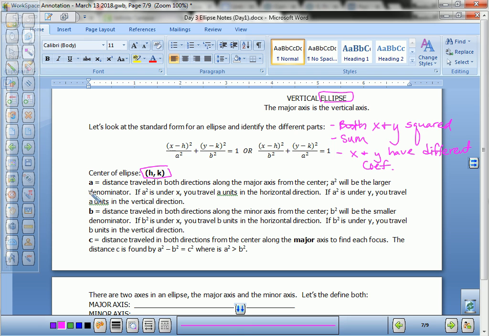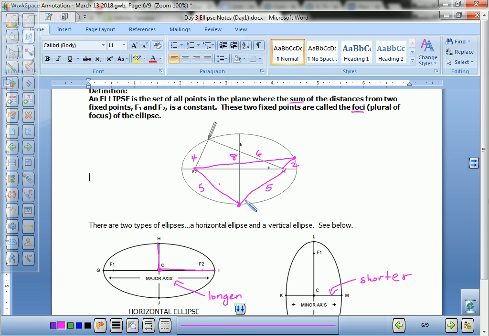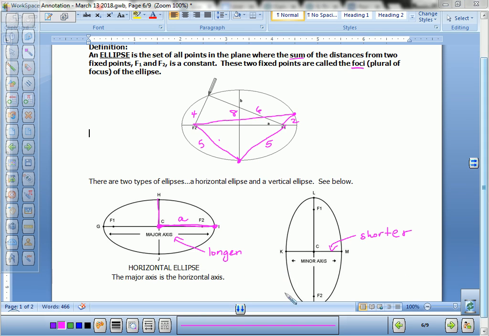Now we define A as the distance from the center down the major axis to the end point. And I'll show you what that looks like in a second. So if we have this, this would be our A, the distance from the center to one of the endpoints of the major axis.